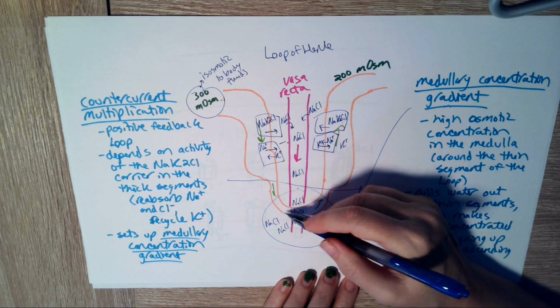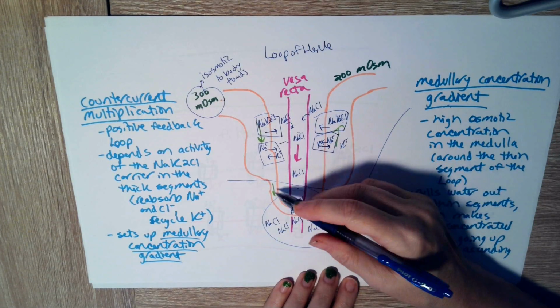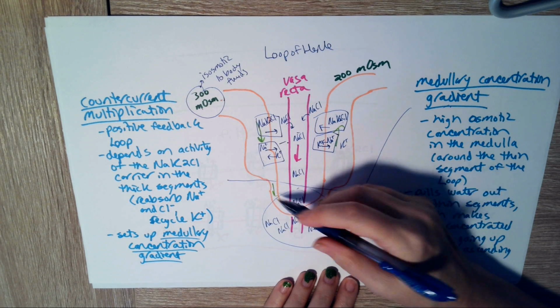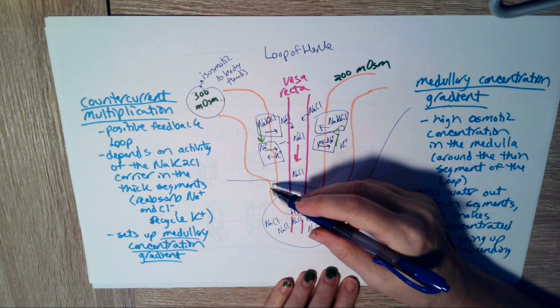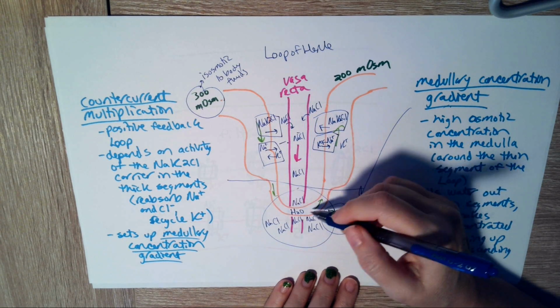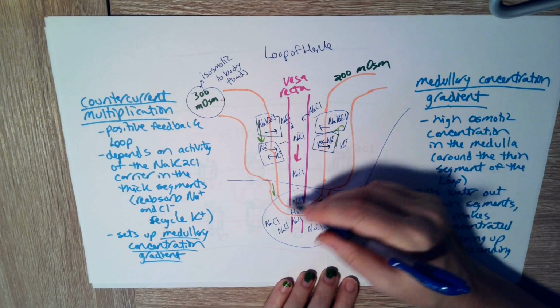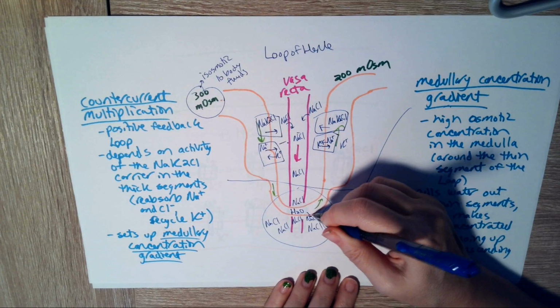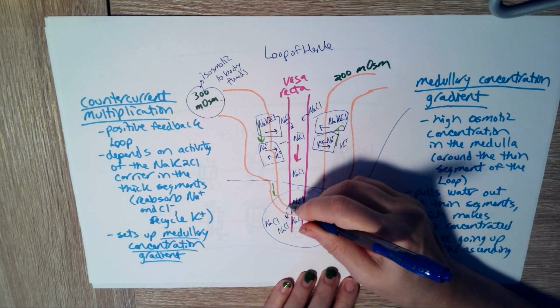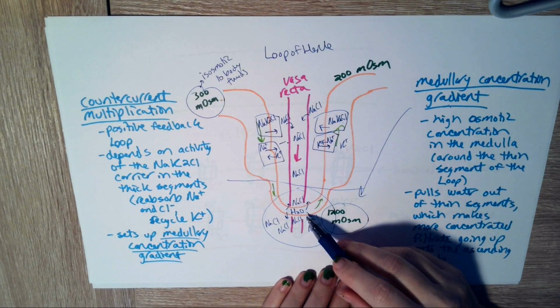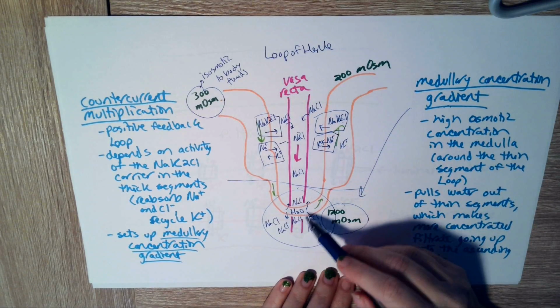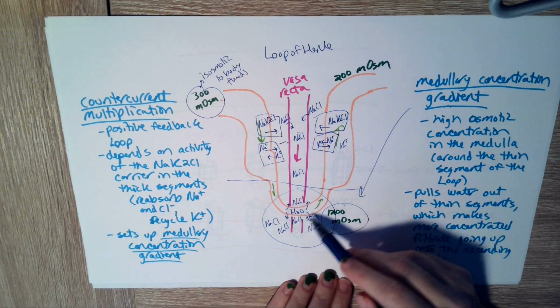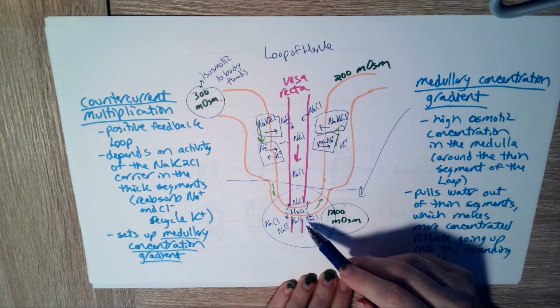This is essentially watery fluid with some ions in it, like salty water, but still water. It's super, super salty around it, so that salt is going to pull the water right out of the thin segment. That's why we reabsorb about 15% of our water down here, because of this medullary concentration gradient.